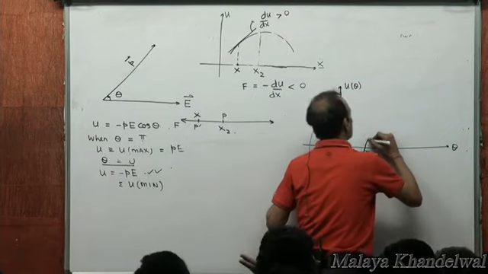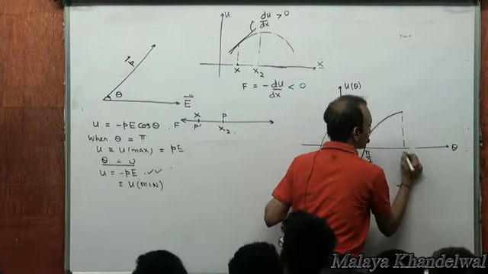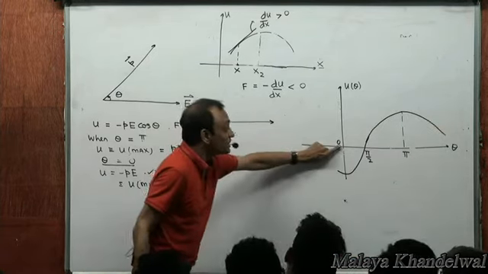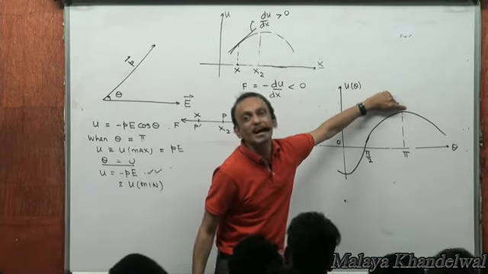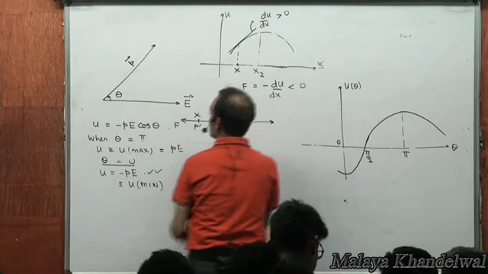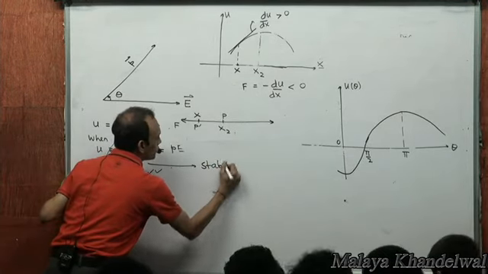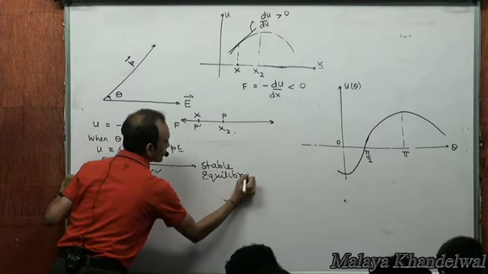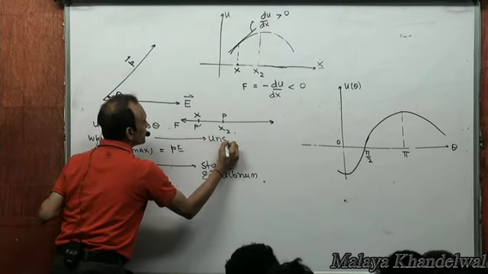And at theta equal to pi, it was maximum, and so on. So theta equal to 0 is a state of stable equilibrium for the dipole. Theta equal to pi is unstable equilibrium.